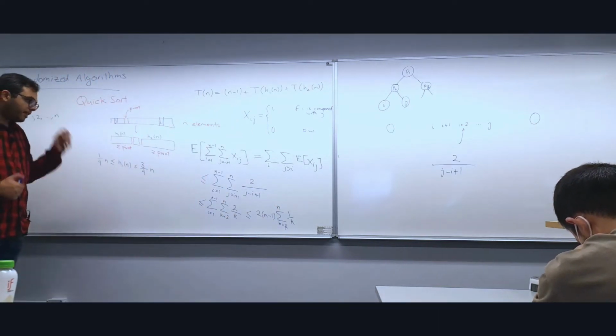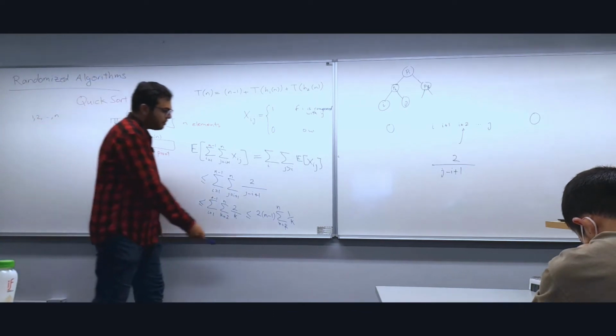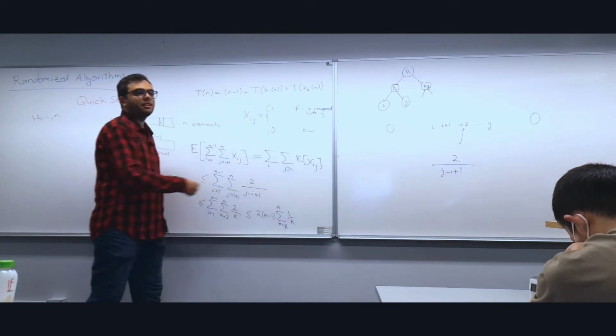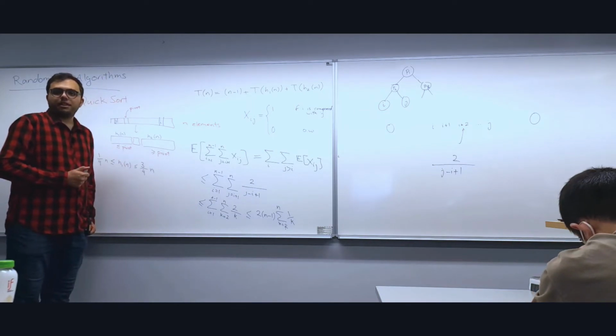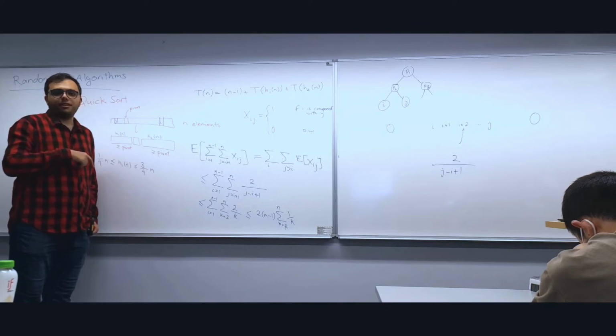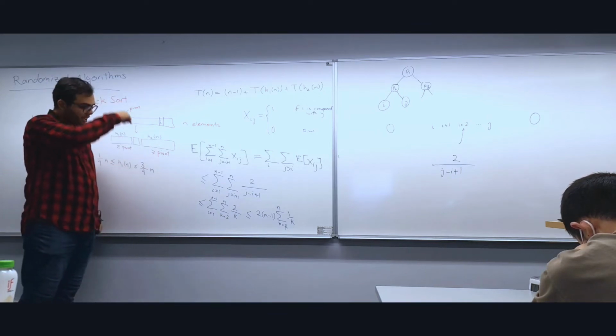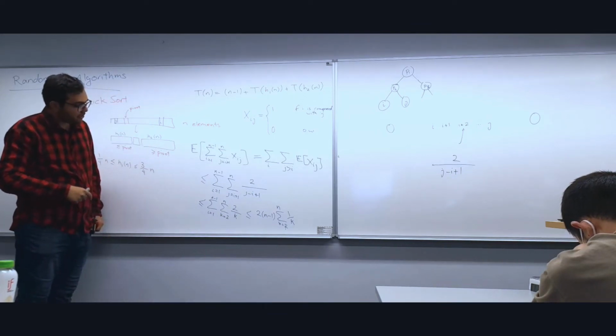So now what is the sum of 1 over k? It's just log n, because you can think of the integral. You can integrate 1 over k, and the integral is the ln function.